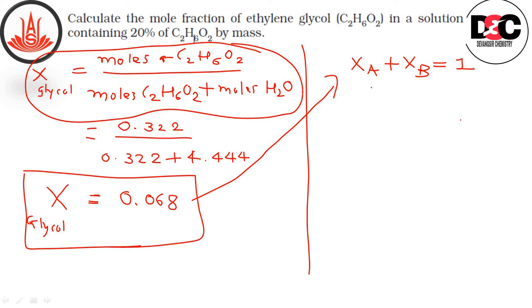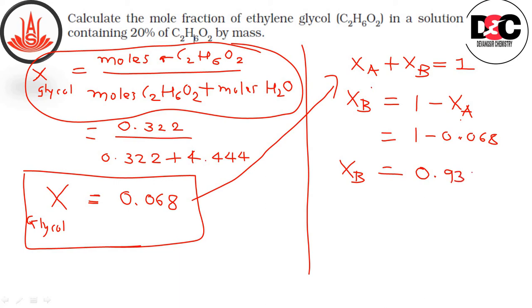XA consider it as for glycol, XB we have to find, so XB is equal to 1 minus XA. XA we have found, 0.068, so you will be getting the answer XB equal to 0.932. Okay, so this is the answer for the mole fraction.